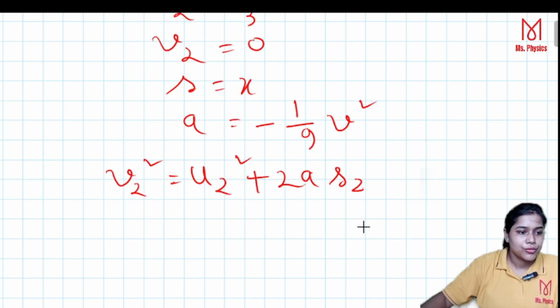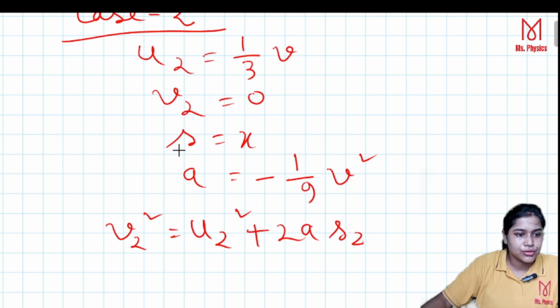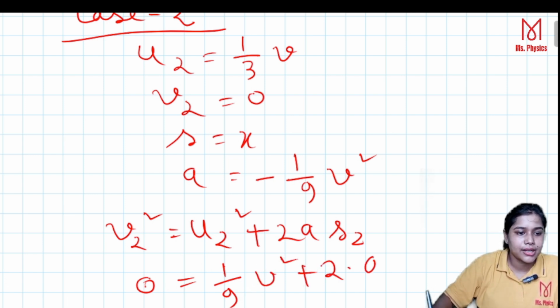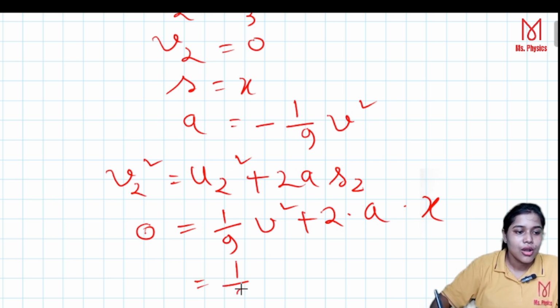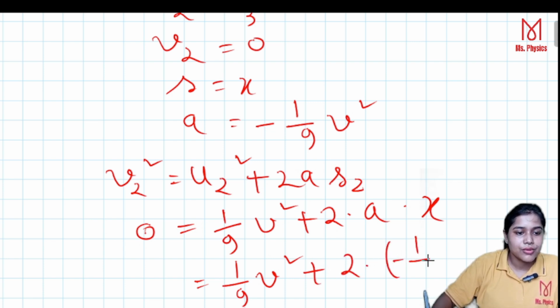Now if you put the values, v2 square is 0, and u2 square is 1/9 v square, plus 2 multiplied with a, s2 is x, and a is also known to us, that is minus 1/9 v square, so we will put 1/9 v square plus 2 into minus 1/9 v square x, right?